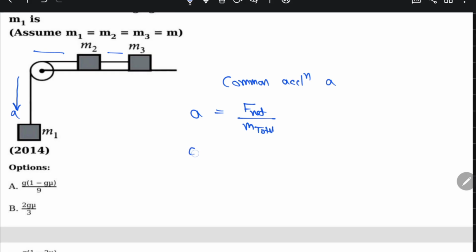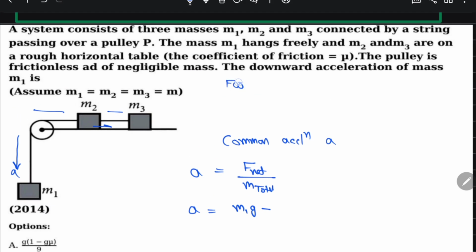So here you see that for F net, for this m1g force is acting. For m2, only the friction force is acting, that is mu m2 g, right?